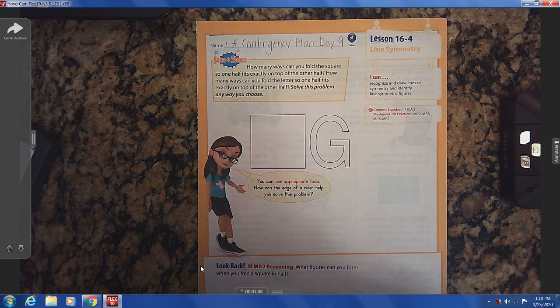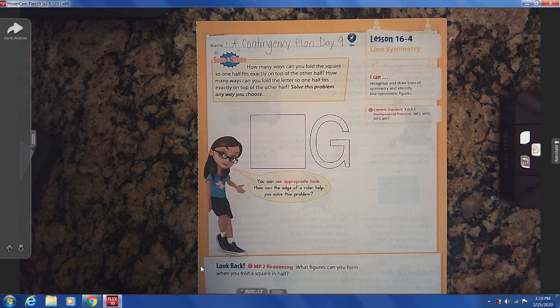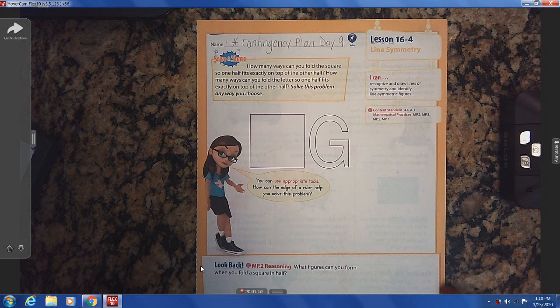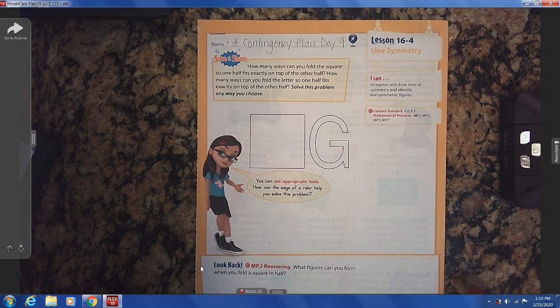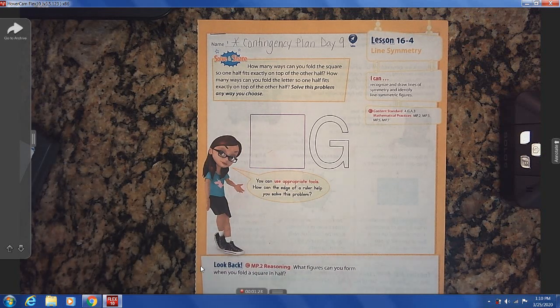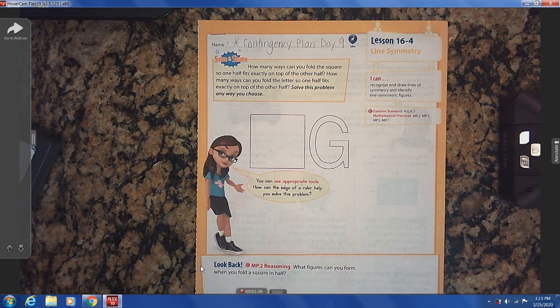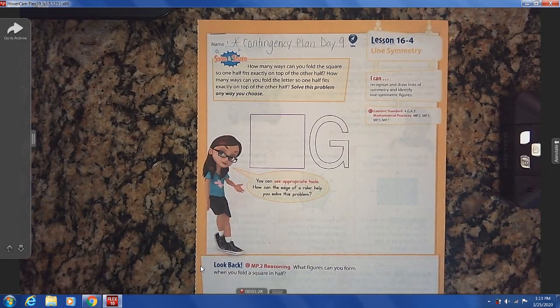So symmetry means showing something that is equal. First I wanted to show you examples of symmetry before you got into the solve and share, just because I think it's easier to understand symmetry when you see an example versus a non-example.